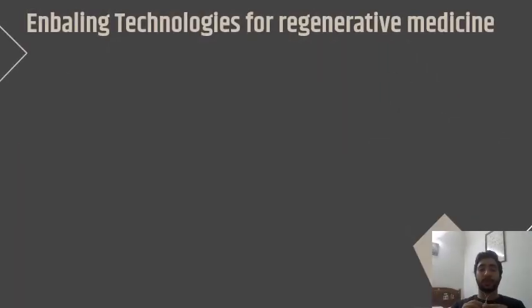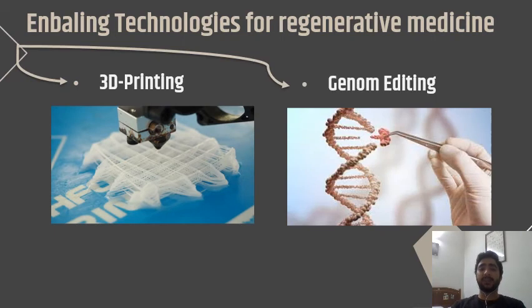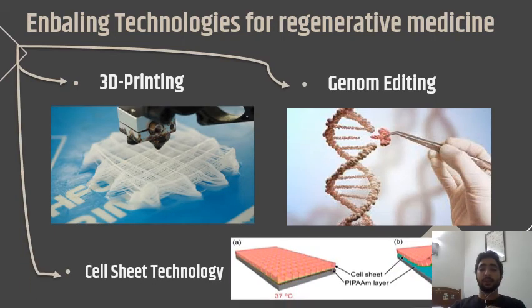In addition to these important factors and materials, there are technologies that enable us to apply regenerative medicine and tissue engineering. These technologies include 3D printing, genome editing, and cell sheet technology.